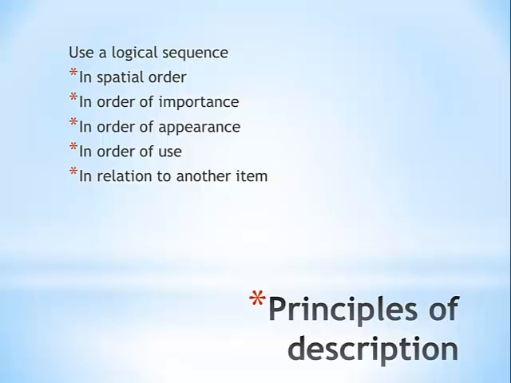What part will someone use first? Or you could describe one item in relation to another item. There's no one right answer. The thing you don't want to do, though, is just write a random grab bag of sentences and put them all together without thinking about what order they come in.